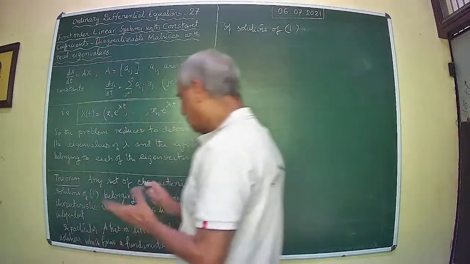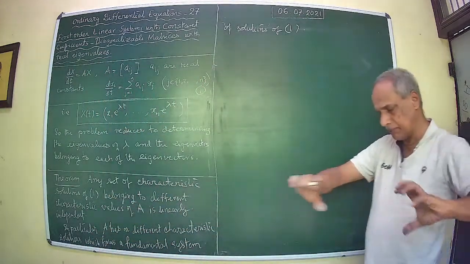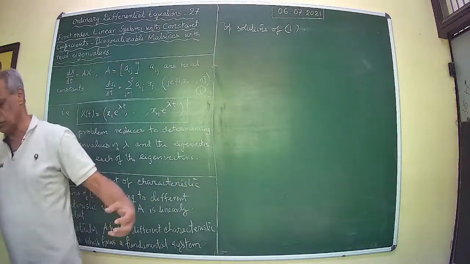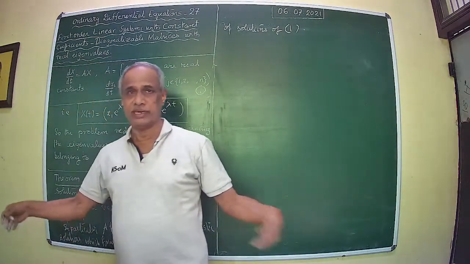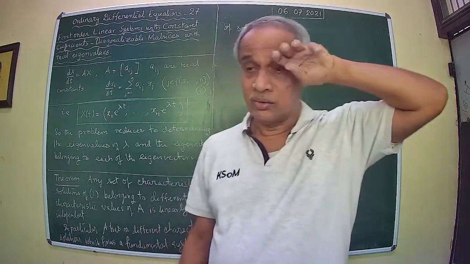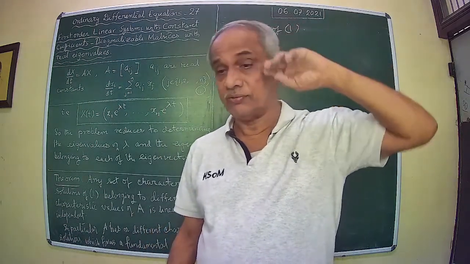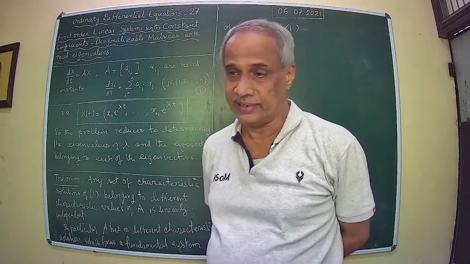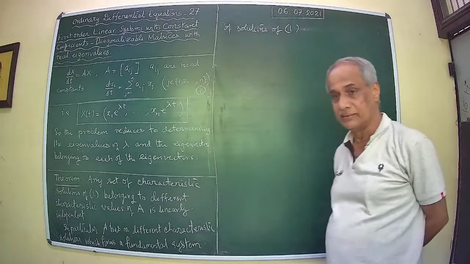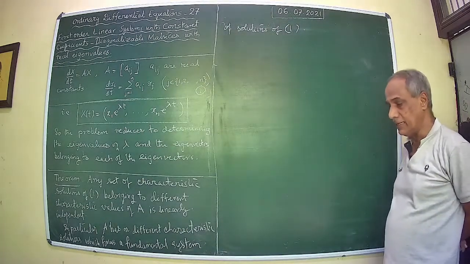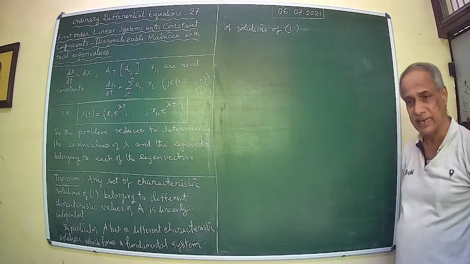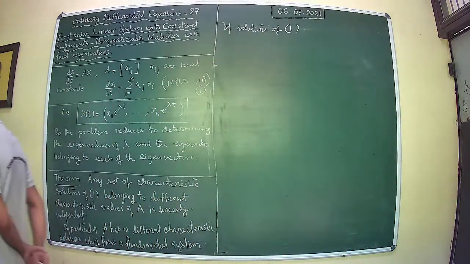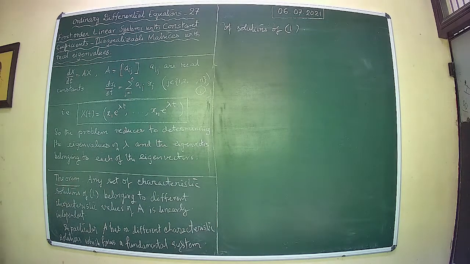And in fact, what we have is that we have broken up the space Rn into the null spaces of A minus lambda I, each of which is an eigenspace belonging to a particular eigenvalue, and we are assuming that A is diagonalizable.